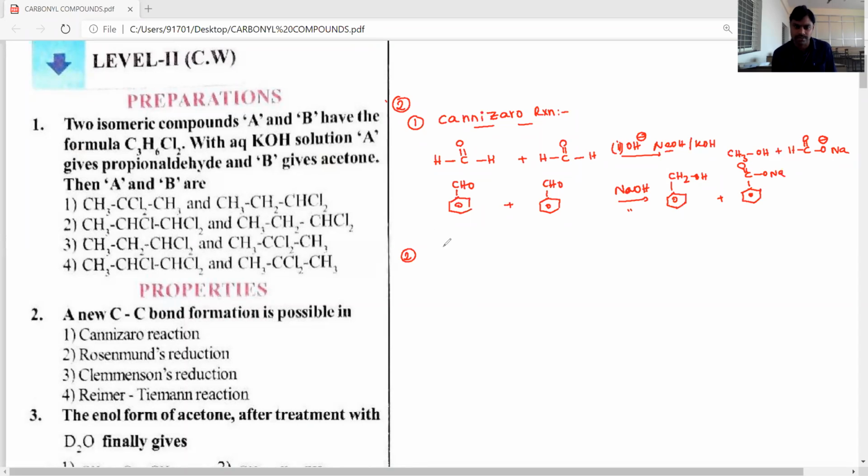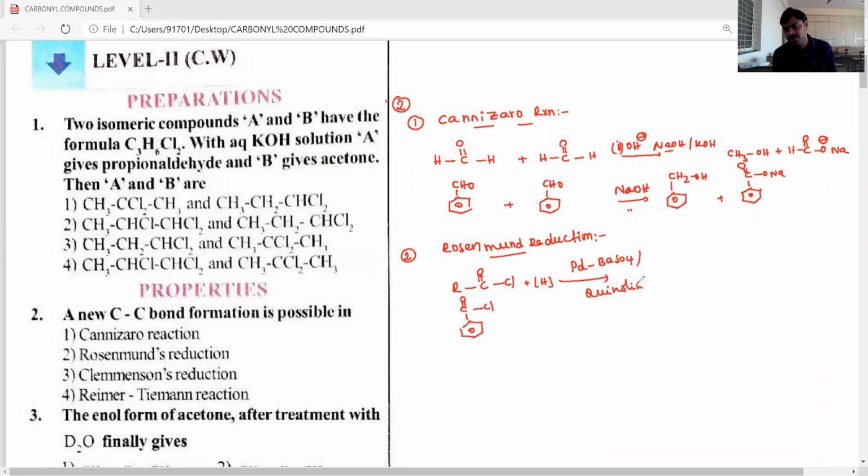Let's see Rosenmund reduction. What is Rosenmund reduction, dear students? Acyl chlorides, RCOCl or C6H5COCl, benzoyl chloride, upon reduction in the presence of Lindlar's catalyst. What is Lindlar's catalyst, dear students? Palladium on barium sulfate in the presence of quinoline.